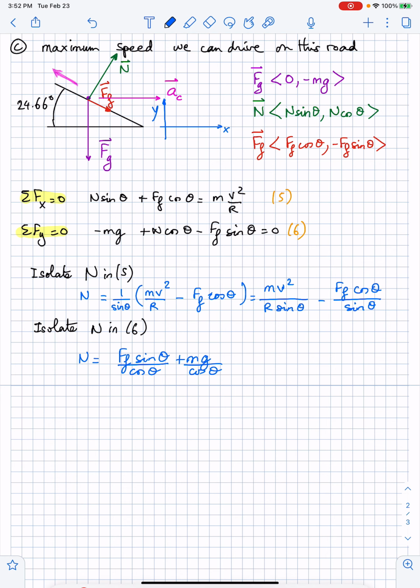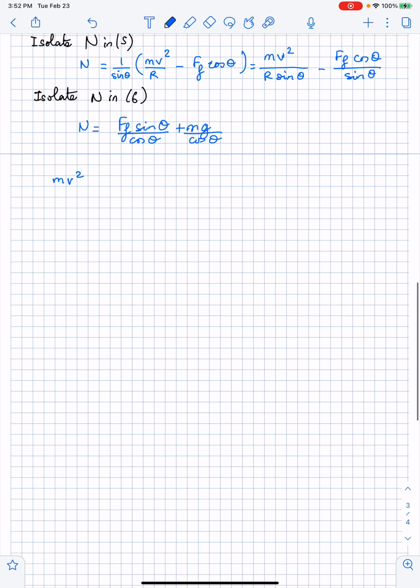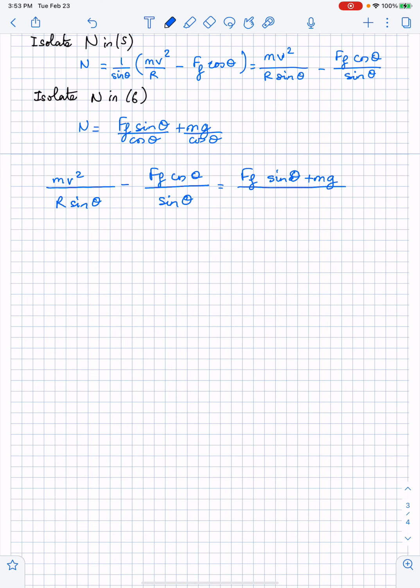So you're going to have mv squared over r sine theta minus ff cosine theta over sine theta equal the force of friction like this times sine theta plus mg over cosine theta.